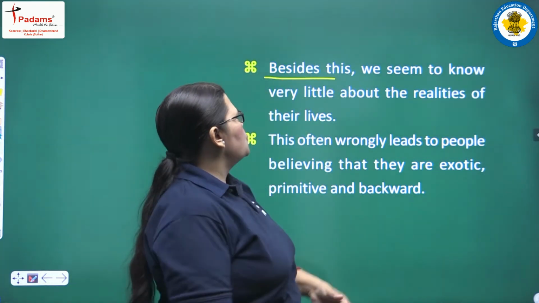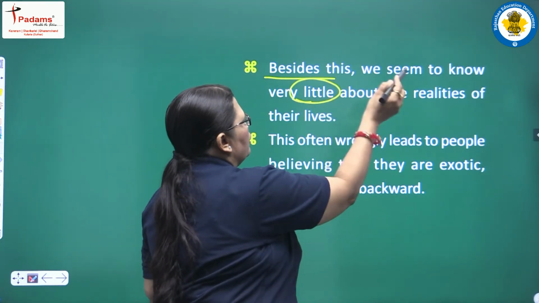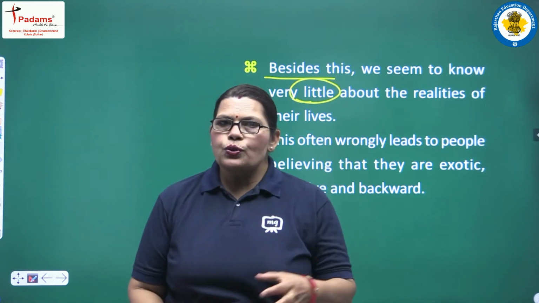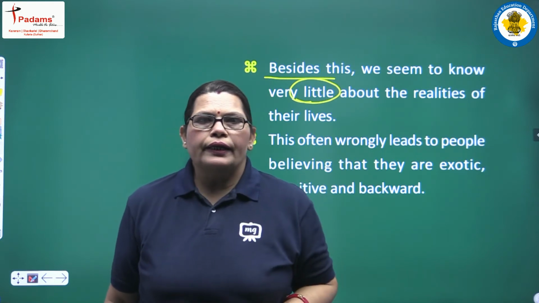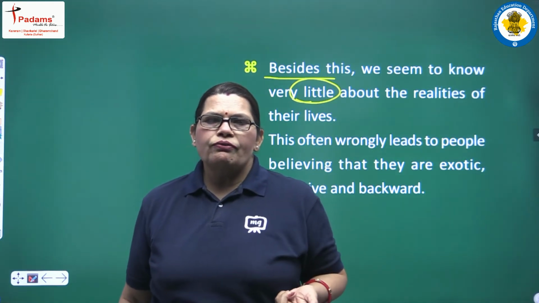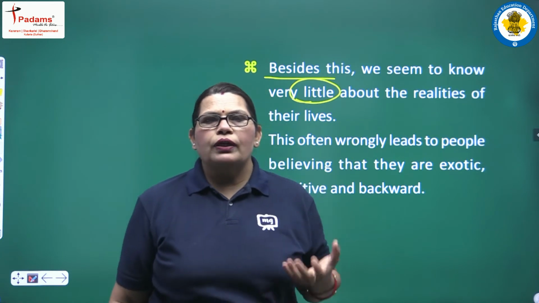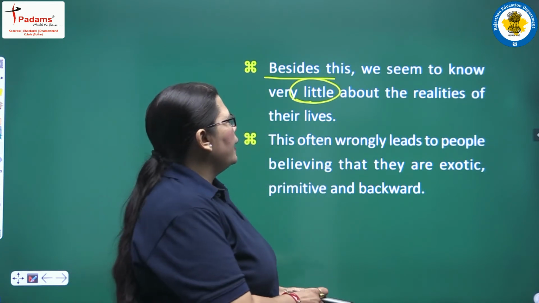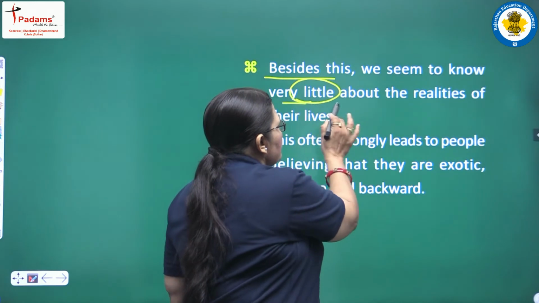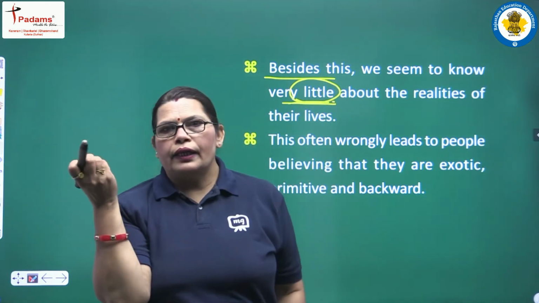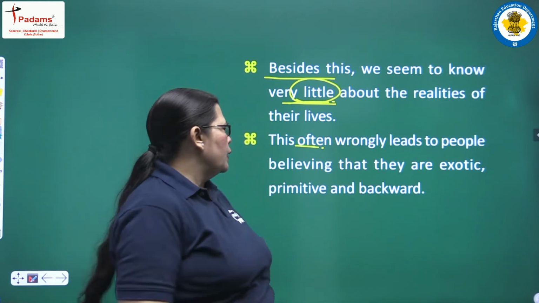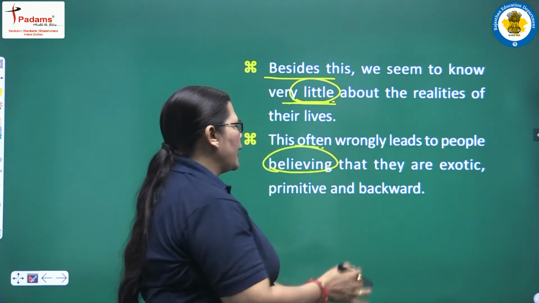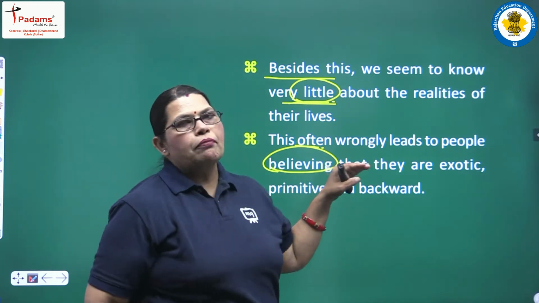Besides this, we seem to know very little about the realities of their lives. It's okay, we are considering them in our lives also, but what's the reality, students? Literally, when we are speaking about the reality of the lives of the Adivasis, we seem to know very little about them. This often wrongly leads to people believing that they are exotic, primitive and backward.